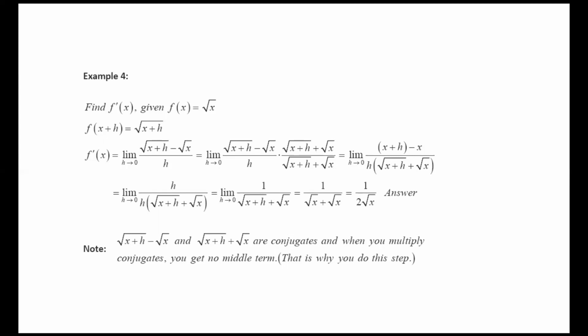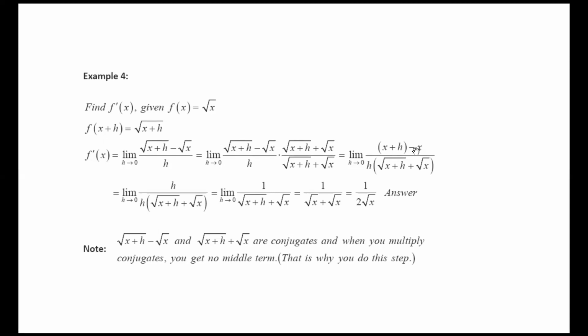Okay? And so that's what we're going to do, multiply the numerator and denominator by the conjugate of the numerator. And when you multiply conjugates, it gives you this thing squared. Well, when you square this, it just lifts the radical. And when you square this, it just lifts the radical. And then we have it, just copy the denominator. Don't do anything with the denominator, just copy it here.